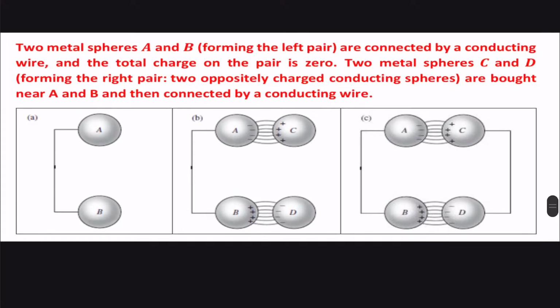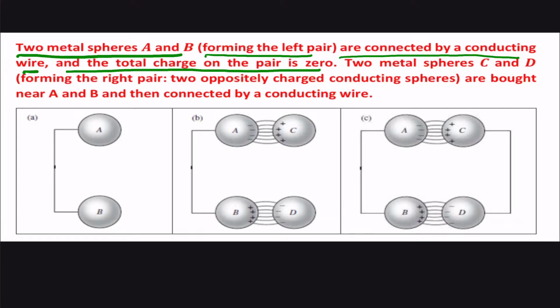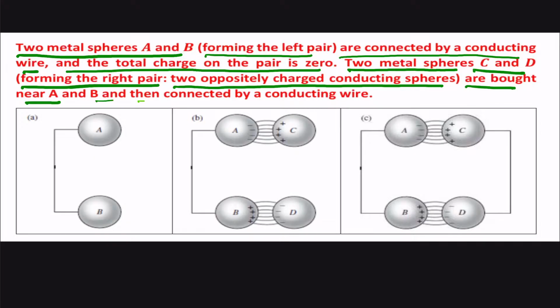So it states that two metal spheres A and B, forming the left pair, are connected by a conducting wire, and the total charge on this pair is 0. Two metal spheres C and D, forming the right pair, two oppositely charged conducting spheres, are brought near A and B and then connected by a conducting wire. Basically we have to find out how the charge is going to behave in this particular case.